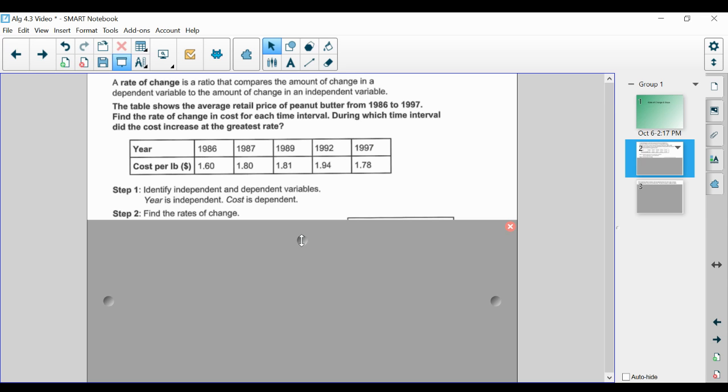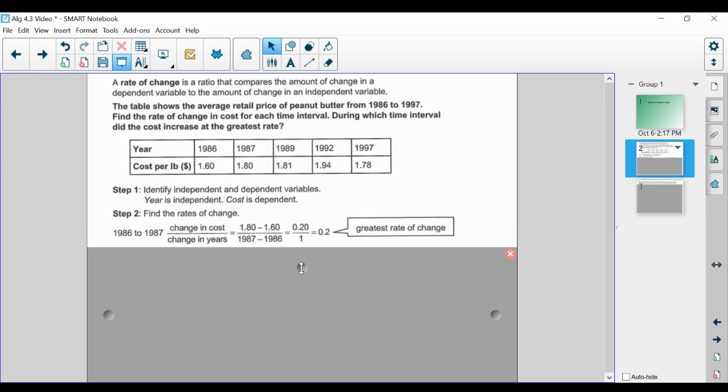It's the ratio of our y to x. So it's going to be the change in y values in the numerator and the change in x values in the denominator.